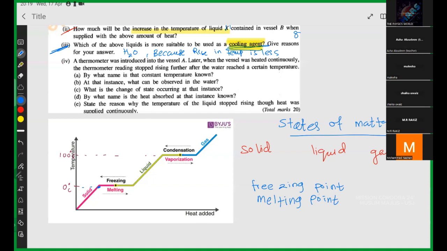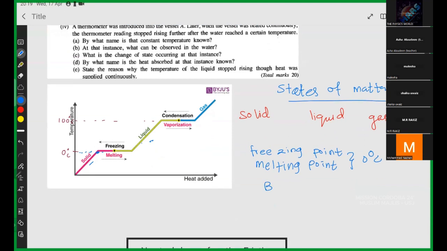So the freezing point and melting point is this 0 degrees Celsius. That is the freezing point and the melting point. Similarly, we have the other thing, the boiling point. Boiling point is where the liquid becomes a gas. That is 100 degrees Celsius. So that is also simple, nothing to worry about there.